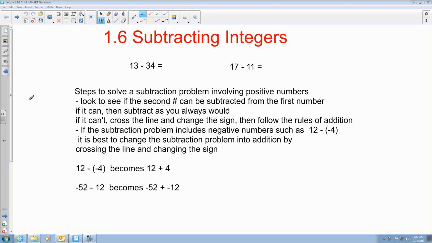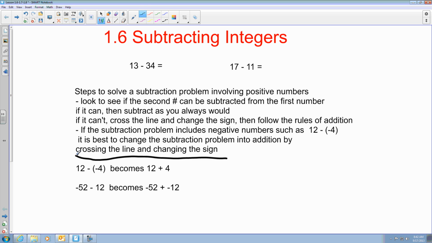So for 1.6, we're going to be subtracting integers. Subtracting of integers is very similar to adding integers because you can always make a subtraction problem into an addition problem by what we like to call crossing the line, changing the sign.